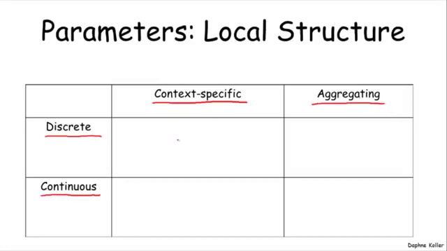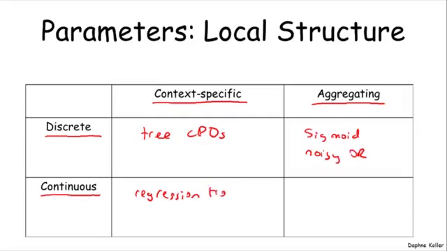So for discrete and context specific, we had tree CPDs as an example. For discrete and aggregating, we had sigmoid CPDs, as well as noisy OR or noisy max, or any one of that family. For continuous CPDs, we didn't actually talk about context-specific representations, but one can take the continuous version of a tree CPD, called a regression tree, where one breaks up the context based on some thresholds on the continuous variables.